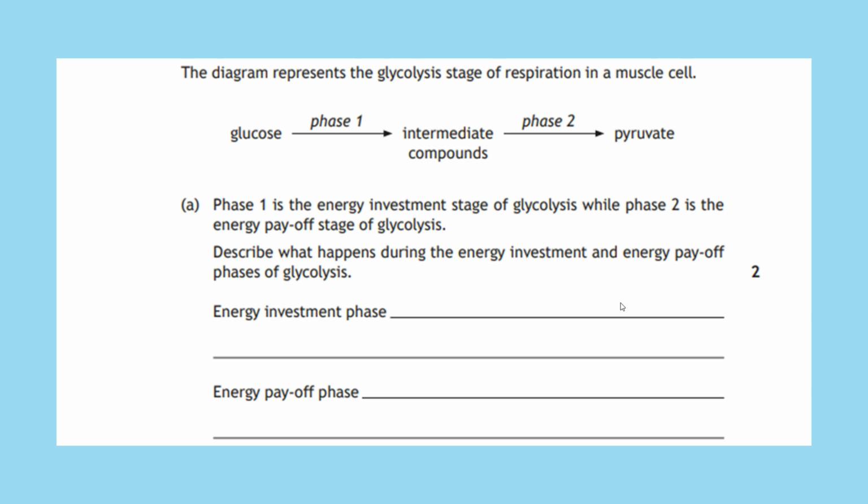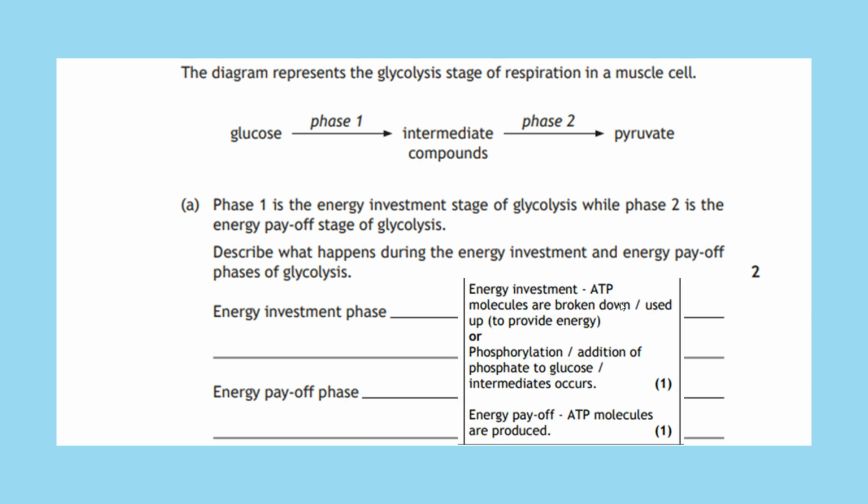So let's take a look at the marking scheme for this question. During the energy investment phase, that's when ATP molecules are broken down or used up. That idea of you're using up or you're providing energy to do the reaction. Or you could be more specific and talk about the phosphorylation, which is the removal of the phosphate from the ATP, which is then added to the glucose, and that breaks it down.